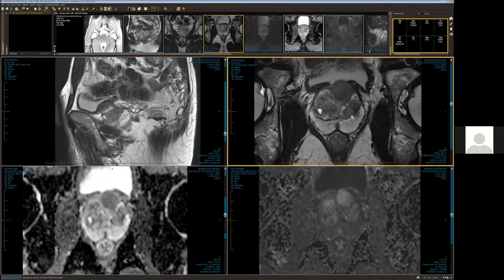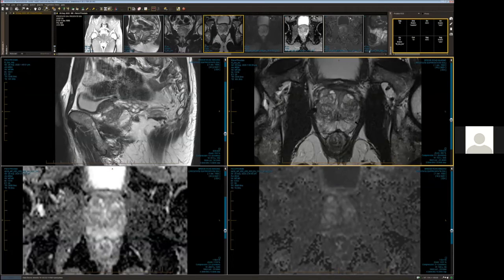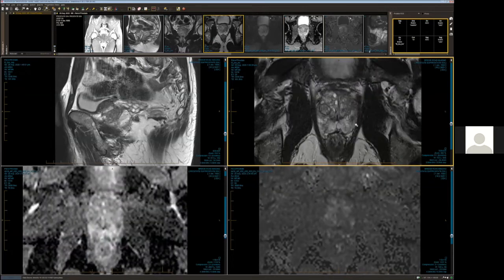So as we go down from base towards the apex, there is a second lesion here that we do see on the T2 images in the posterolateral peripheral zone at the left apex. It measures just on 0.5 centimeters in size. It's dark on the T2 images, and it's dark on the ADC in the bottom left-hand corner, and it's bright on the high B value. We struggle to see it on the sagittal T2 images.